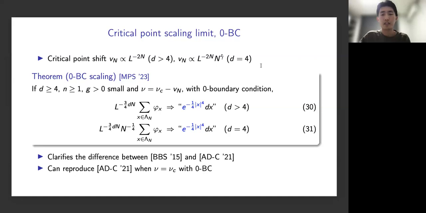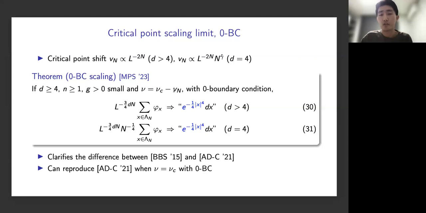So we see that the Dumel-Köpping result was different from the BBS result because when they were thinking about zero boundary condition, the effective critical point was actually shifted to the left by an amount Vn.